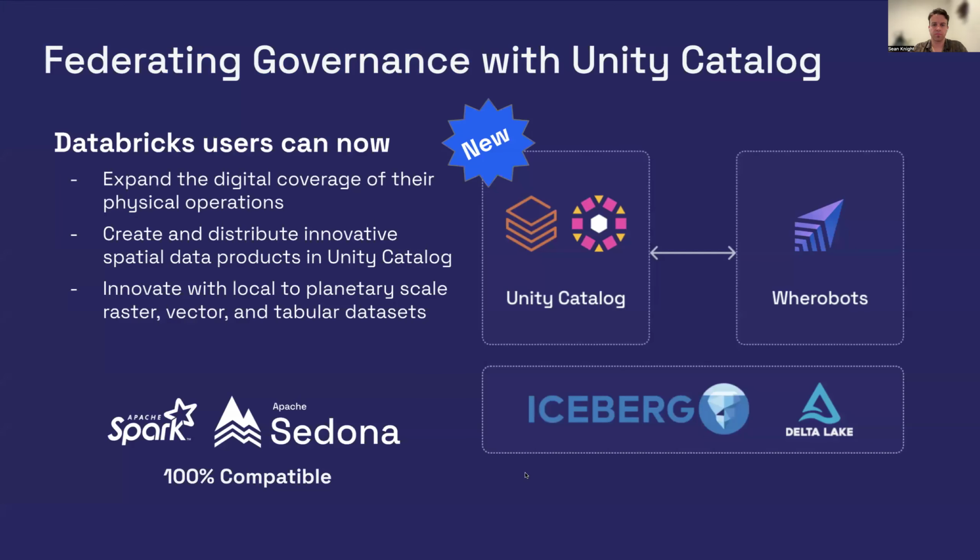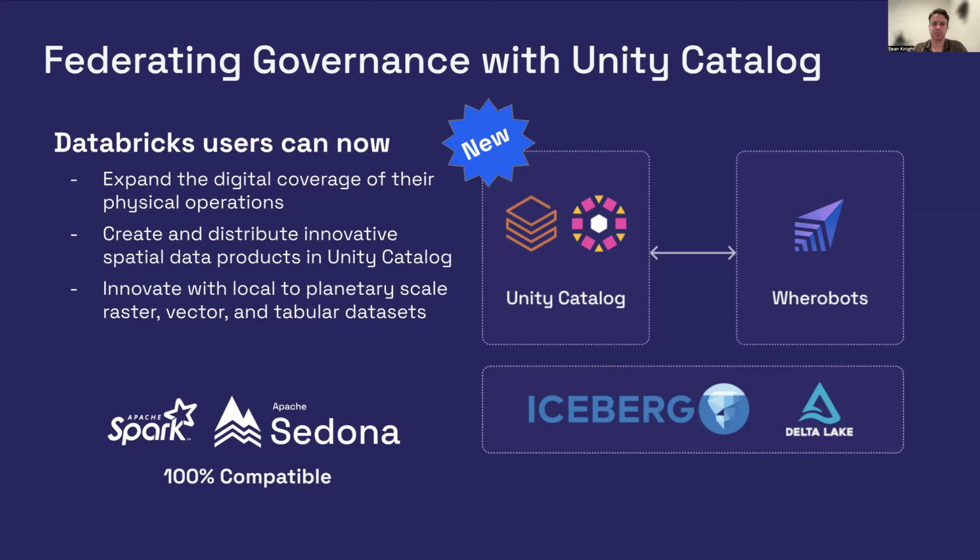One last thing that's just kind of cool. We're announcing this officially tomorrow, but we'll give you a preview since you decided to join us today. If you're familiar with Databricks, we are now giving our users the ability to federate their data and data governance with Unity Catalog. So if you're a Databricks user, you can directly connect to Wherobots and to your data in your Unity Catalog, and expand your coverage of functions.